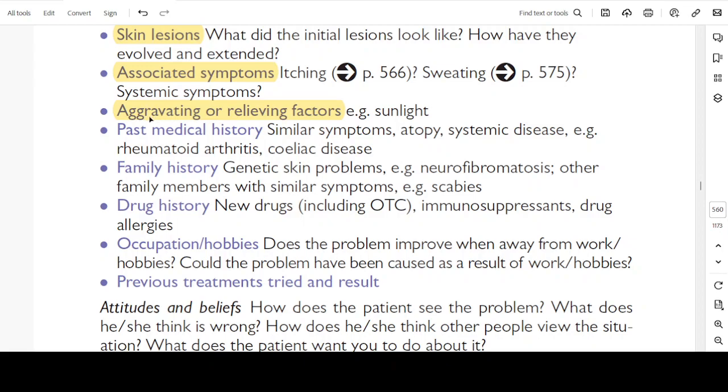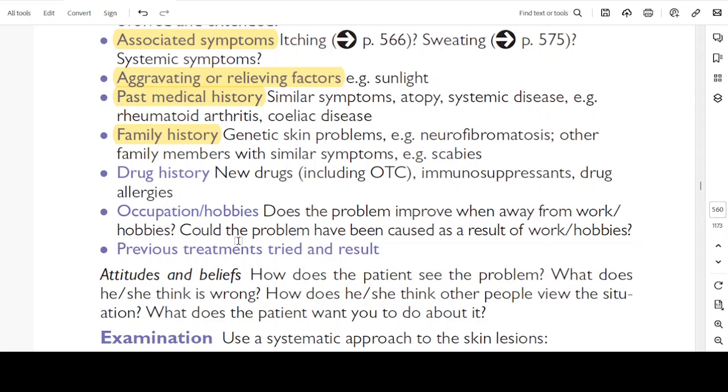Past medical history: similar symptoms in the past, history of atopy, systemic disease, example rheumatoid arthritis, celiac disease. Family history: genetic skin problems, example neurofibromatosis, and other family members with similar symptoms, example scabies.